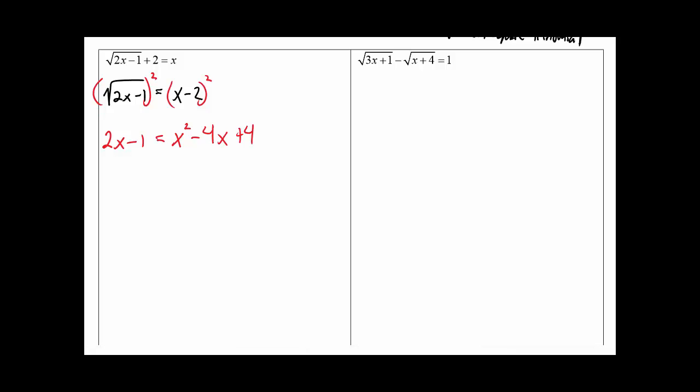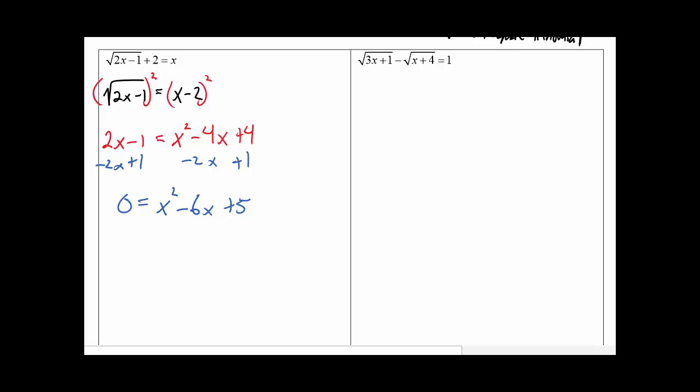Okay, so then from here, we know lots of stuff about quadratics. Clearly, I want to get the 2x minus 1 to the other side. So I'm going to subtract off 2x, and I'm going to add 1. And we get x squared minus 6x plus 5.